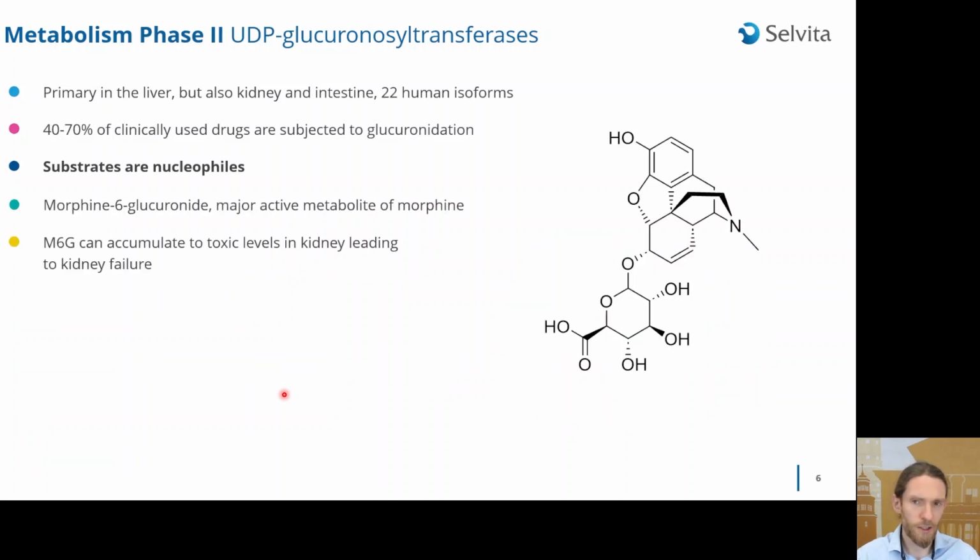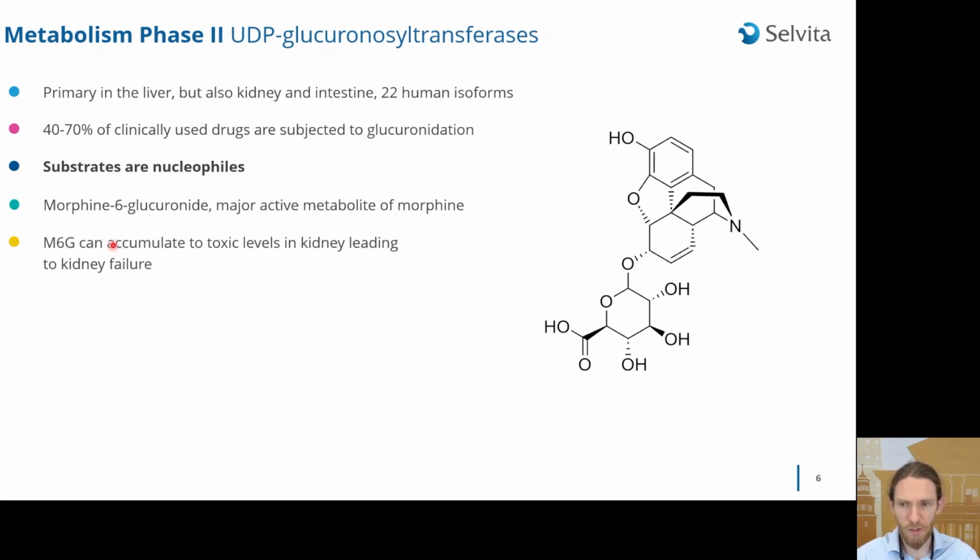An interesting fact related to glucuronidation can be found in the case of morphine. Morphine forms morphine-6-glucuronide in the body. This is a bioactive molecule, much more toxic than morphine itself. It was identified quite late, sometime in the 70s, in people being treated for a prolonged time with morphine.